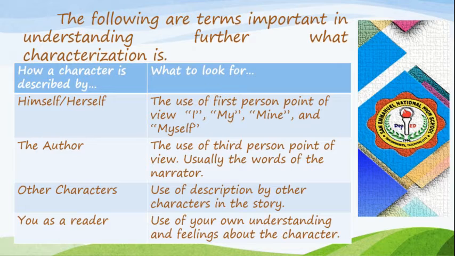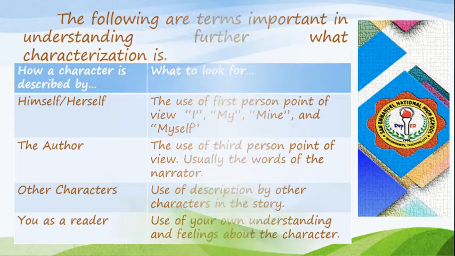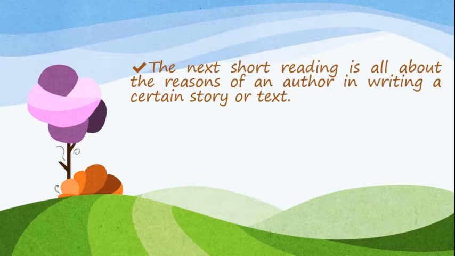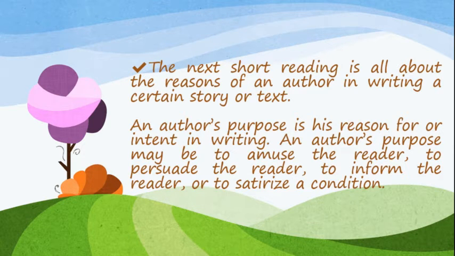And please, the next short reading is all about the reasons of an author in writing a certain story or text. An author's purpose is his reason for or intent in writing. An author's purpose may be to amuse the reader, to persuade the reader, to inform the reader, or to satirize a condition.